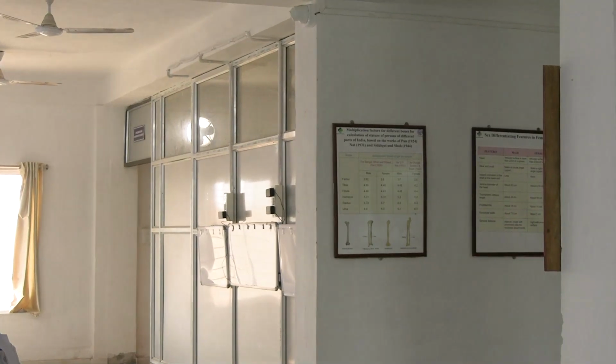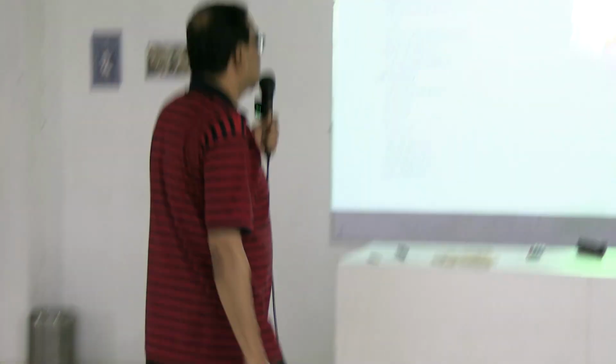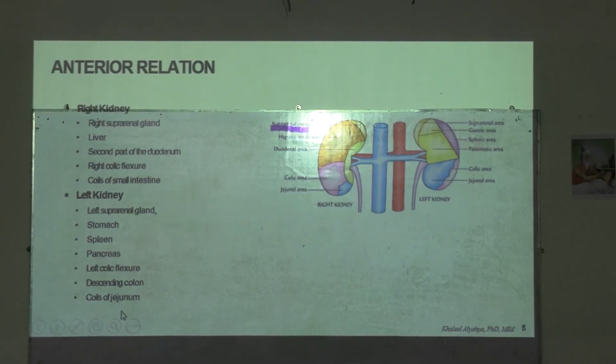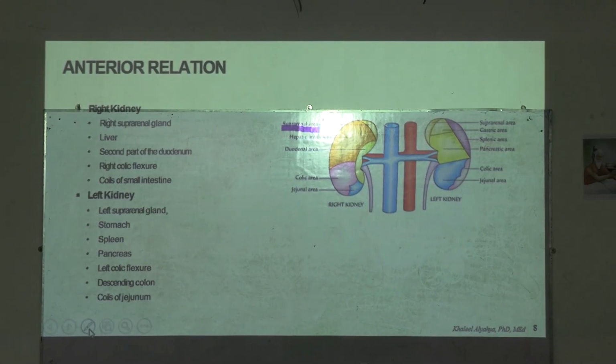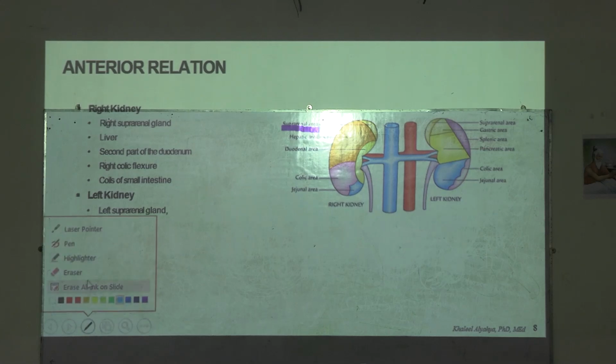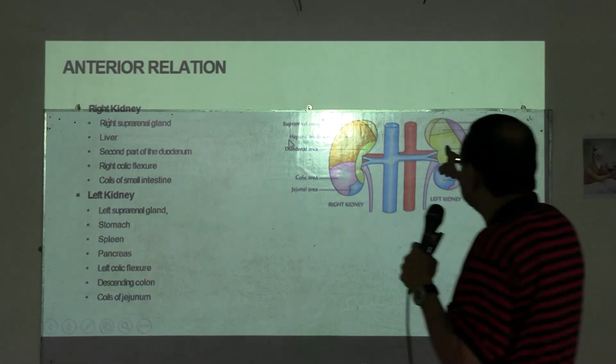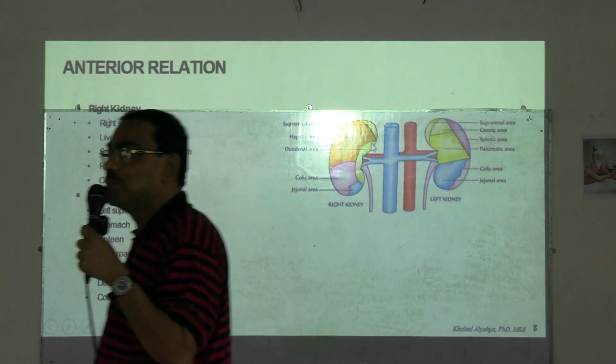Can you find them? We can find the yellow color. On the right kidney, there are 2 yellow areas. One yellow area is on the top.